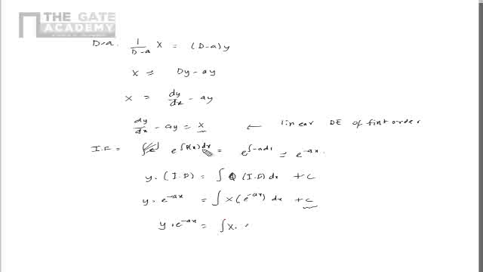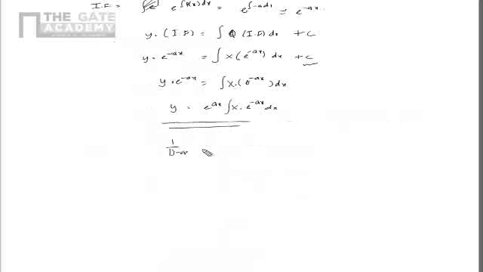So I can just ideally choose to have no constant, going by the definition of the inverse operator. So I can write y = e^(ax) times the integral of X e^(-ax) dx. So this is what we got. And remember, from where we started, 1/(D minus a) X equals y. So this is equal to e^(ax) times the integral of X e^(-ax) dx.